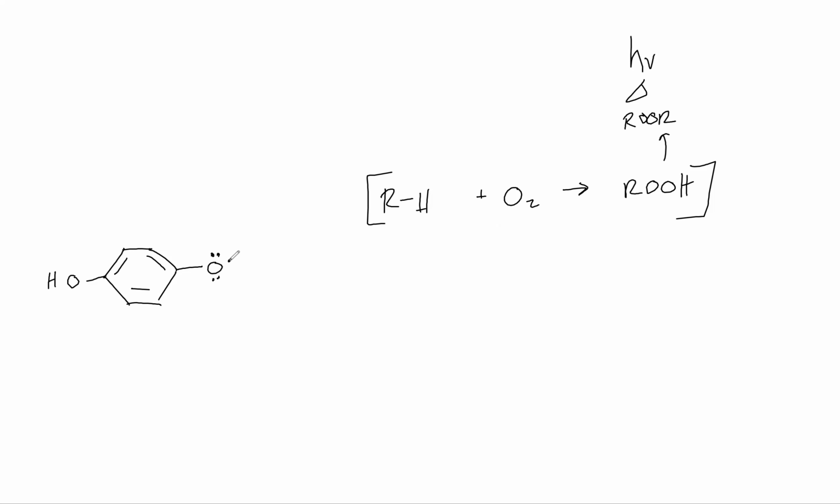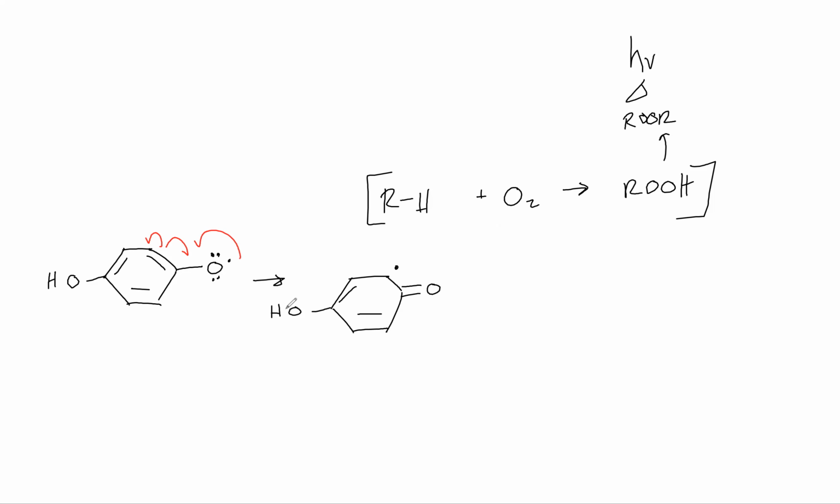Why? Because this is basically an allylic radical on steroids. We'll be able to do a bunch of different resonance structures all around this central benzene ring, and because of all that resonance, it's able to hold on to radicals really well.